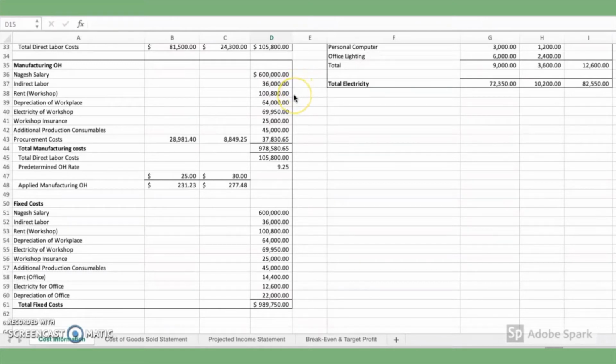And then we have rent for the workshop, which we know from the case, we broke it up because we have a workshop rent and then an office rent. So the total square footage rent piece is 1,200 square feet, but 150 square feet of that is allocated for the office.